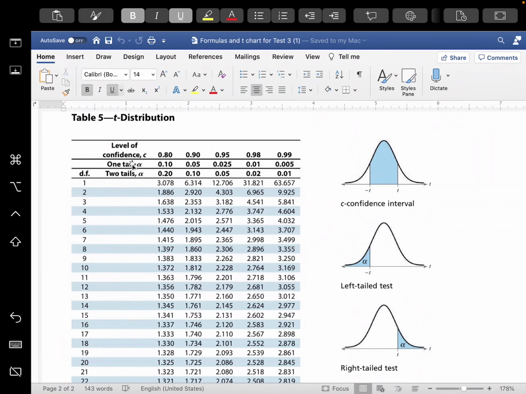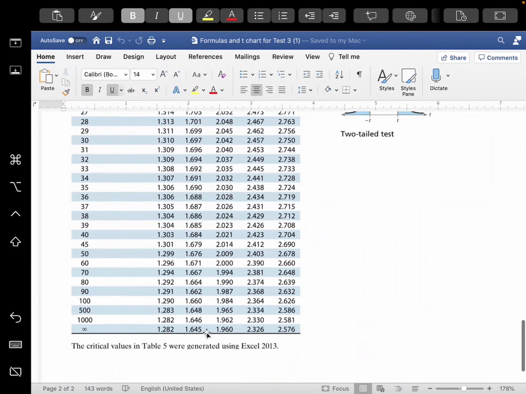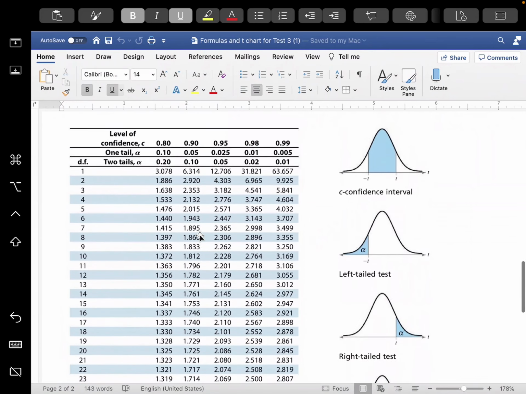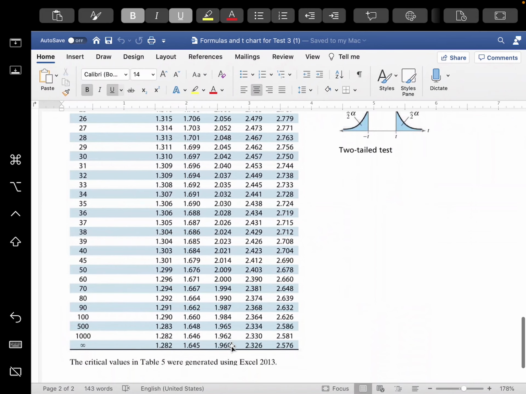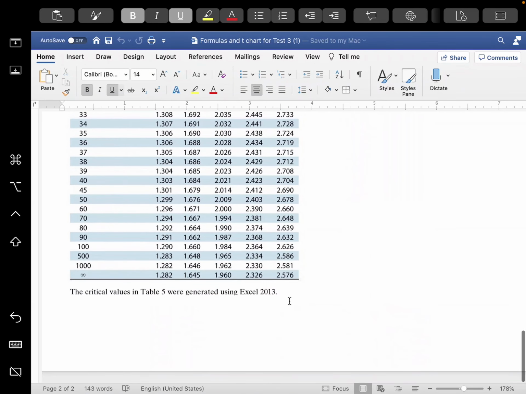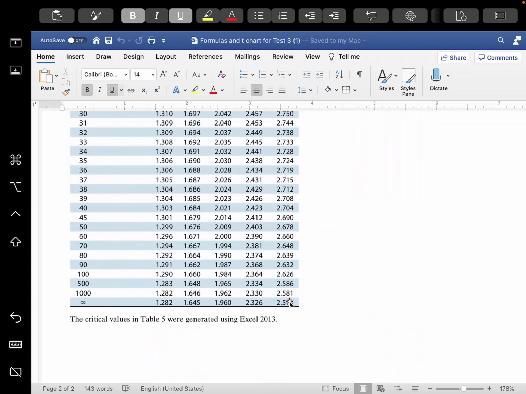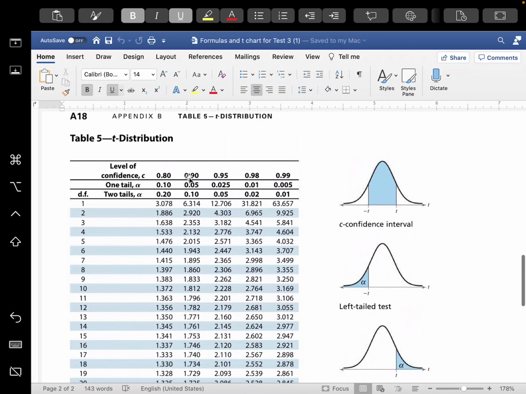But if you look at the top of the chart, it'll give you the confidence levels. So for 90% confidence, our z-score, if you'll remember from 6.1, was 1.645. For 95% confidence, it was 1.96. And for 99% confidence, it was 2.576. So having this chart, you don't have to calculate these specific confidence levels to get the z-score if it's a problem like the ones we saw in section 6.1.